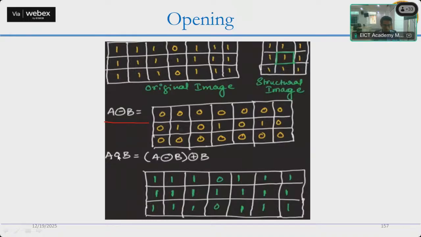And what about this one? This sign here is dilation. First we are eroding and thereafter we are doing the dilation. And it has resulted in this. So what we have done in the erosion.